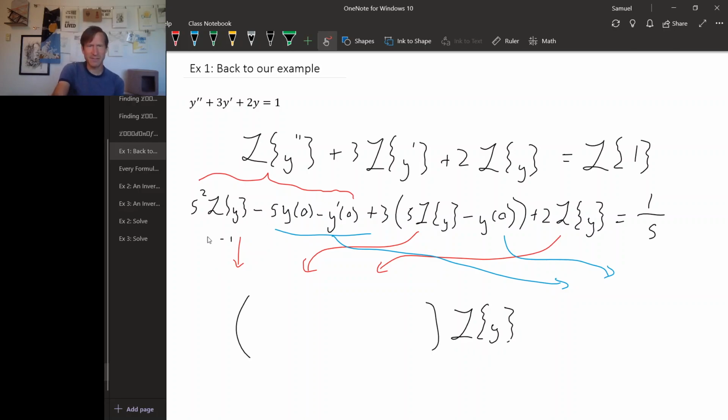So let's see, we have an s squared right here. This term is gone, this term is gone. We have a 3s, and then plus 2. And then on the right-hand side, we have 1 over s plus all of these terms coming from the left-hand side that have initial conditions.